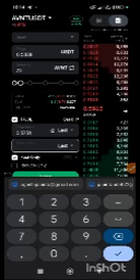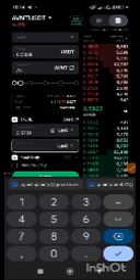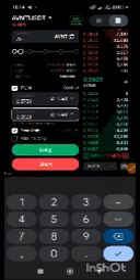Because if we enter this trade at 0.56 and it starts going well, we can take profit at 0.57, but if we start dropping, we are going to stop out at 0.55. So I'm adding it now, 0.5561.